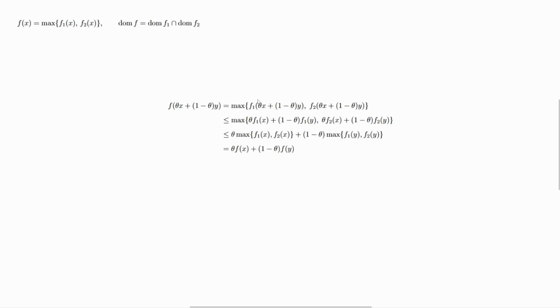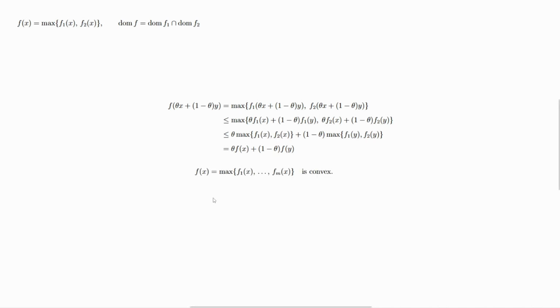We start with the definition of convexity of f1 and f2 by this inequality here, and then we simply do some algebra with the max function, and we arrive at our expression here, which shows that f must be convex if f1 and f2 are convex.